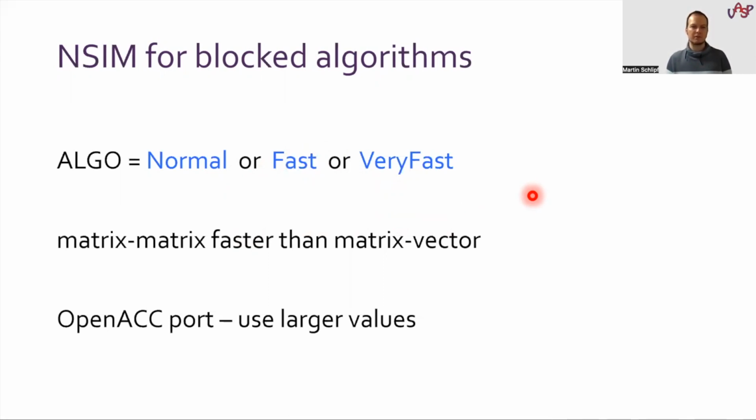And those are typically faster in these BLAS calls. So you get a bit of speed. It's not a parallelization option per se, it's just a way to make your code faster. And on GPUs, this is even more pronounced. So for GPUs, you might experiment with setting larger values of NSIM to get even more performance.